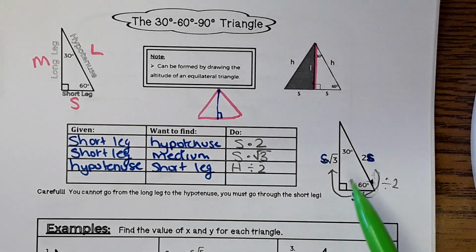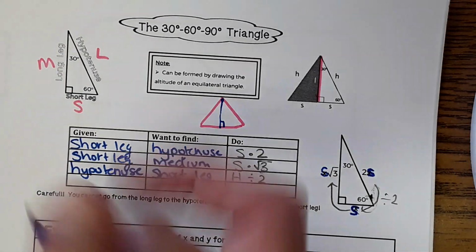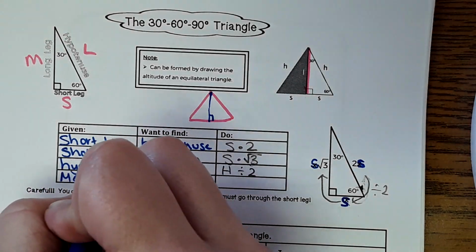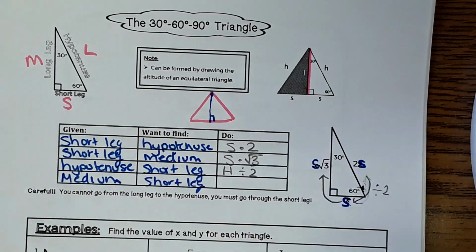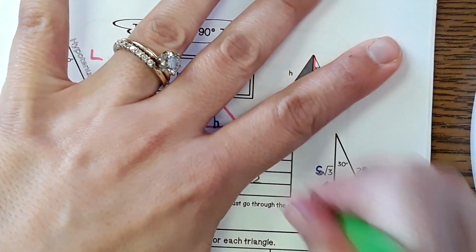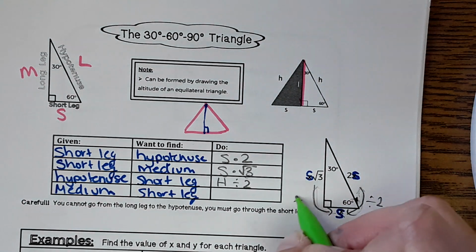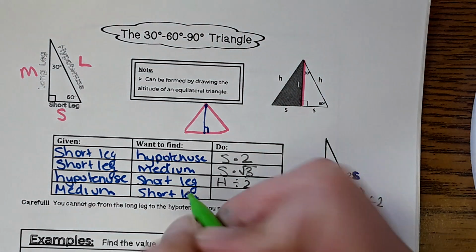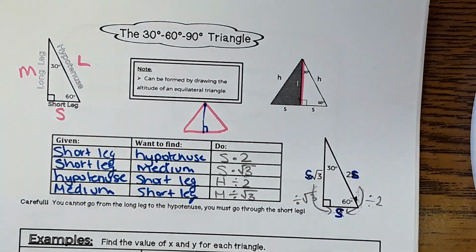Or just halve it is how I would probably think of it. And then the last one, if you go from medium to the short leg, so if you're going from here to here, you'd have to divide by square root of 3. So medium divided by square root of 3 would give you the short leg.